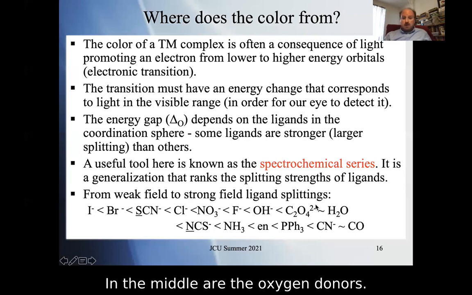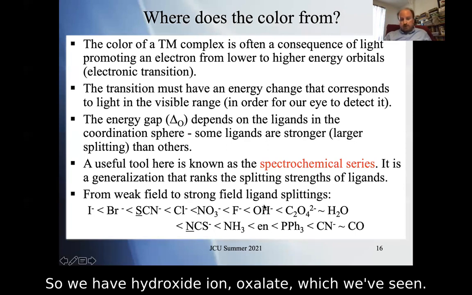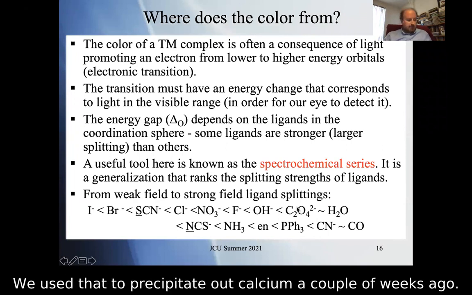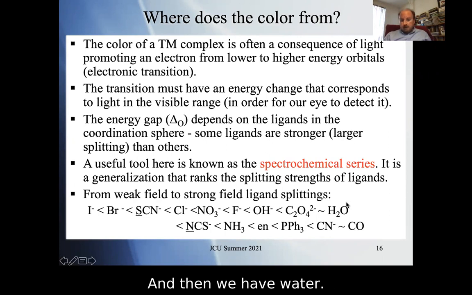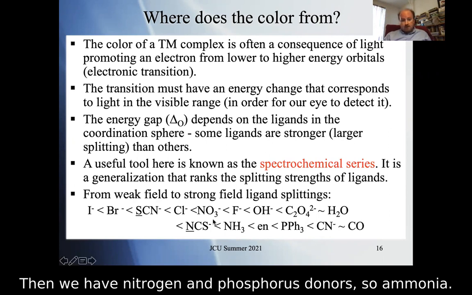In the middle are the oxygen donors. So we have hydroxide ion, oxalate, which we've seen. We used that to precipitate out calcium a couple of weeks ago, but in this case, it can actually be a ligand. And then we have water. Then we have nitrogen and phosphorus donors.